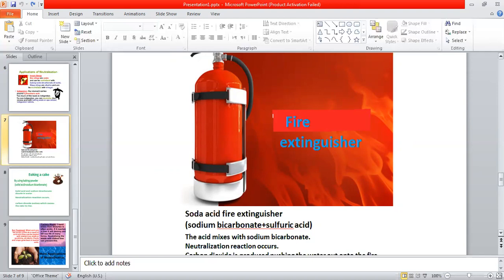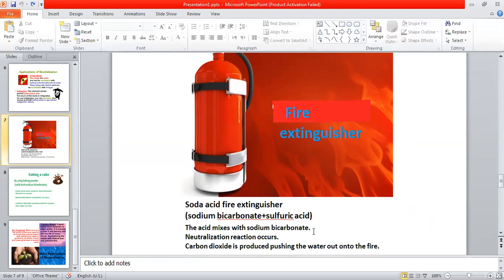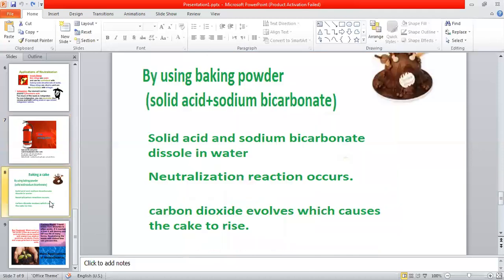When I press on the fire extinguisher, a chemical reaction occurs between the acid and alkali to form salt plus water plus carbon dioxide. The carbon dioxide produced will cause the fire to be put out. This is another example of a neutralization reaction.